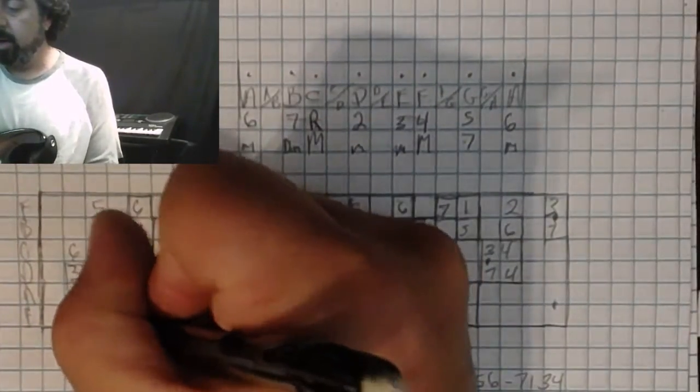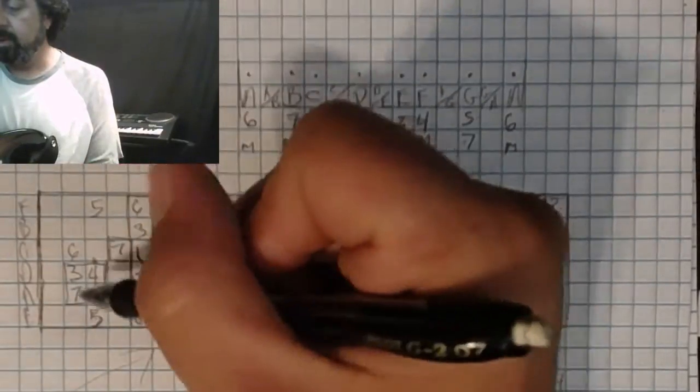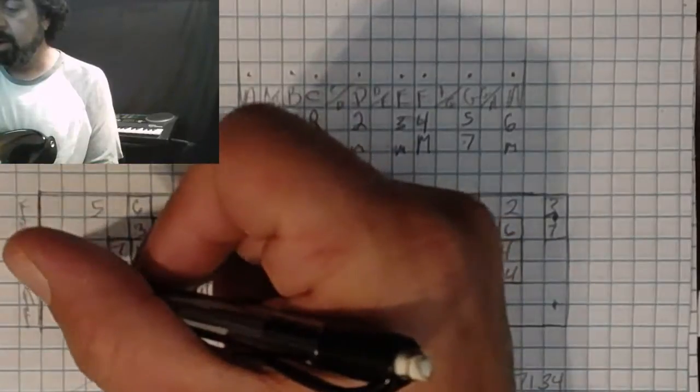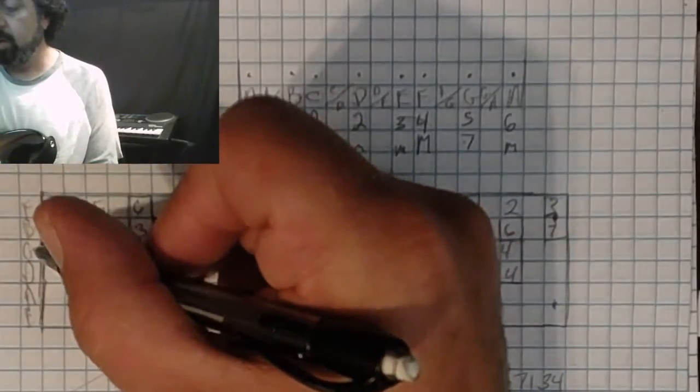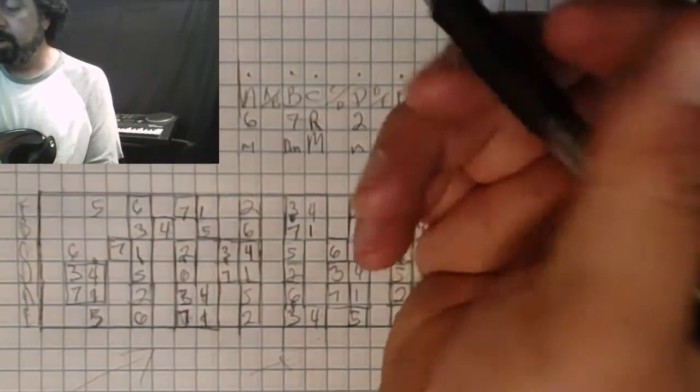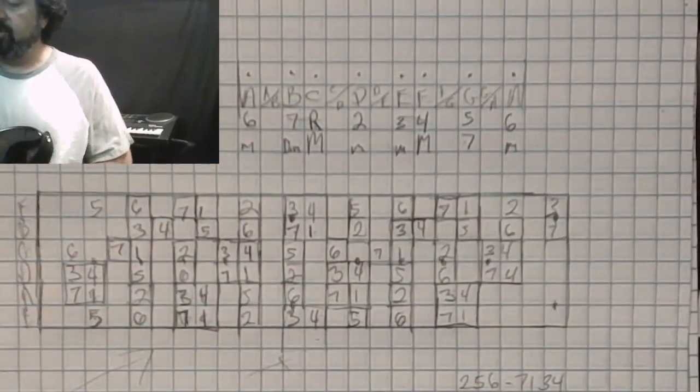The G, or the 5 there. You're basically taking the 5th, 7th, 2, 5, which creates a G chord. Anyways, just some daydreaming there.